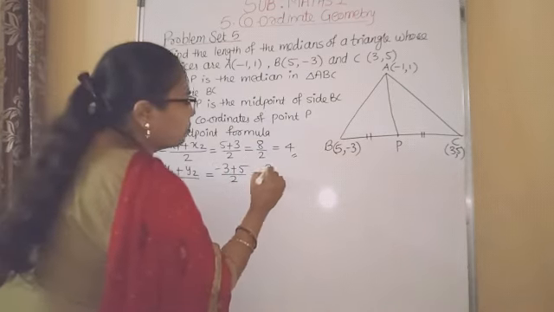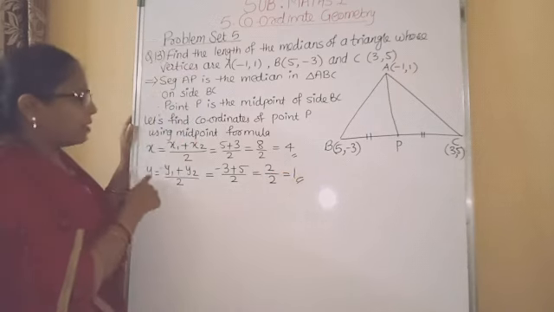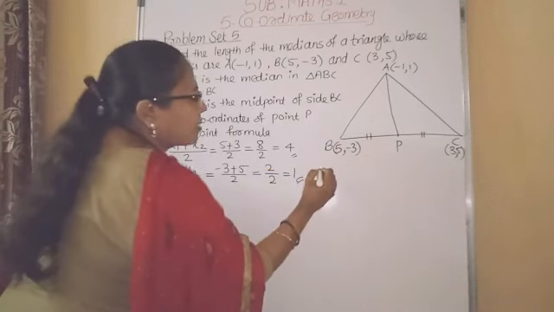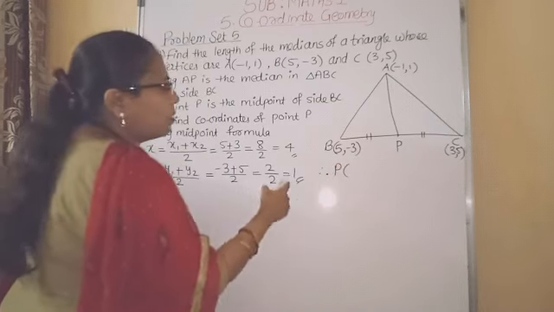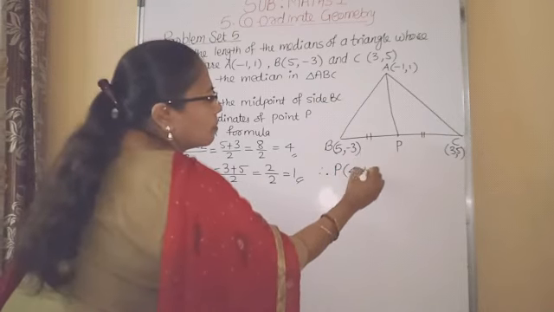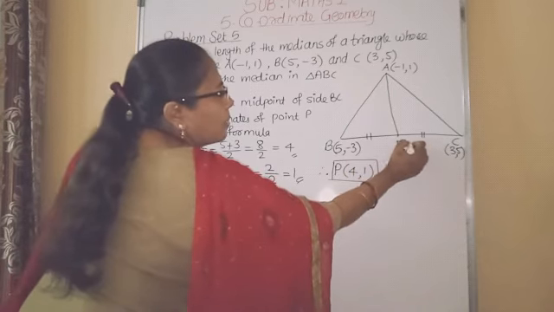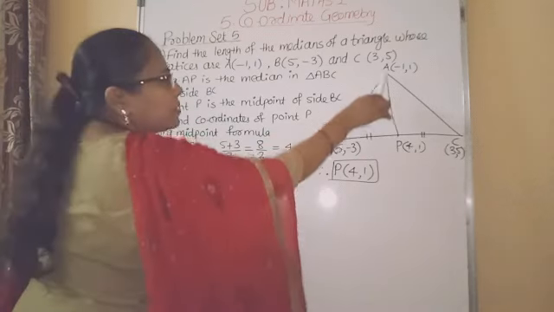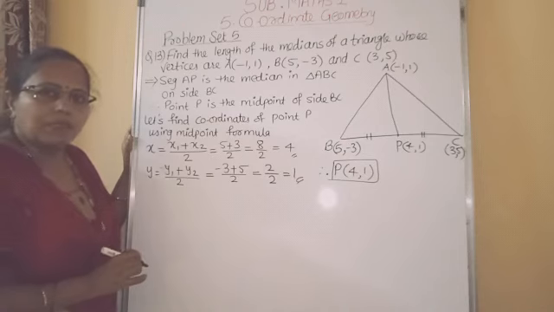We will get 2. 2 upon 2 is equal to 1. So y coordinate we got 1. So this way we got the coordinates of point P: (4, 1). Coordinates of point P we got (4, 1). And now we will find out the length of segment AP. For that we will use distance formula.